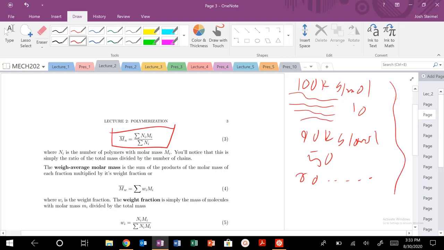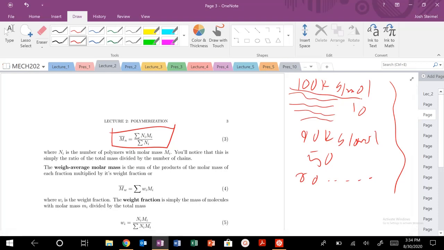We're going to talk about how you get these values to begin with. That's a big question. As polymer scientists, we're going to look at different techniques to measure how many chains have a particular molecular weight. There are really cool characterization techniques that we're going to introduce a little bit later on.